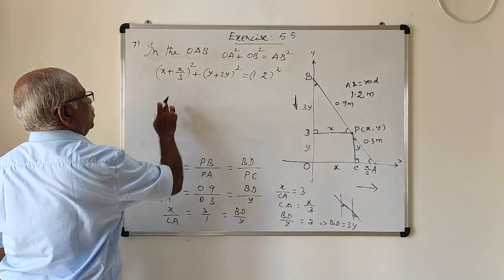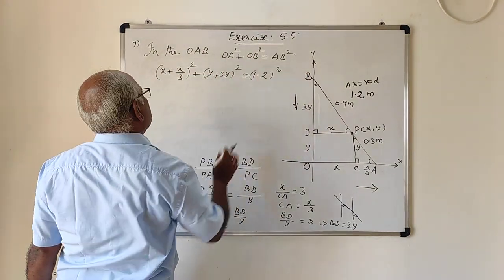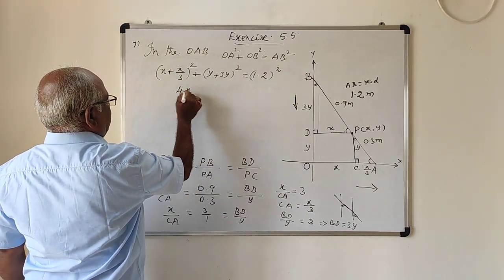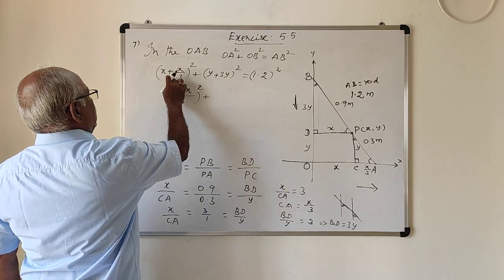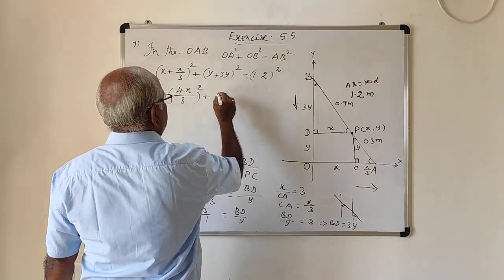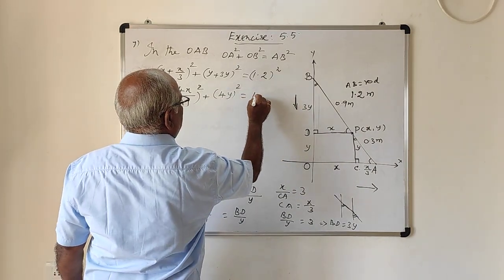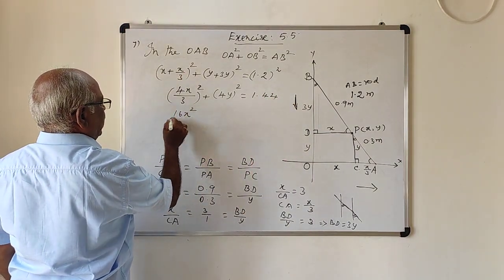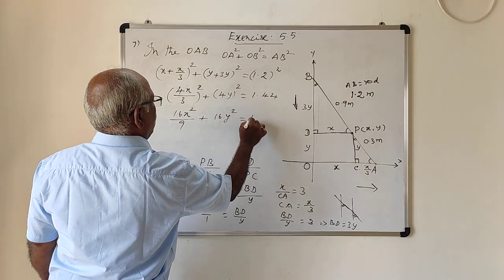So X plus X by 3 is 4X by 3 whole square, and Y plus 3Y is 4Y whole square, equal to 1.2 whole square, which is 1.44. So this is 16X square by 9 plus 16Y square equals 1.44.